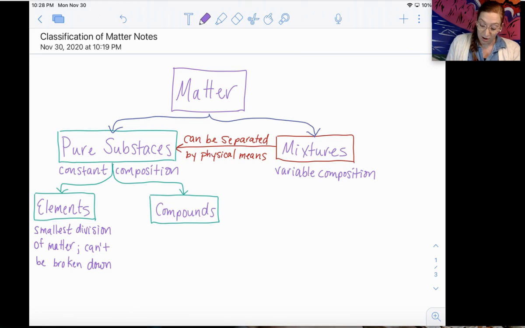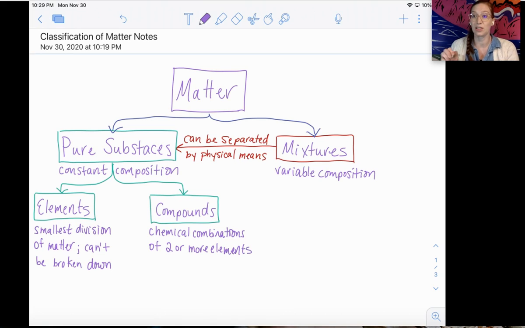Compounds, on the other hand, are going to be chemical combinations of two or more elements. Now, this means that there's some sort of chemical change that has happened to put those two or more elements together into that compound.